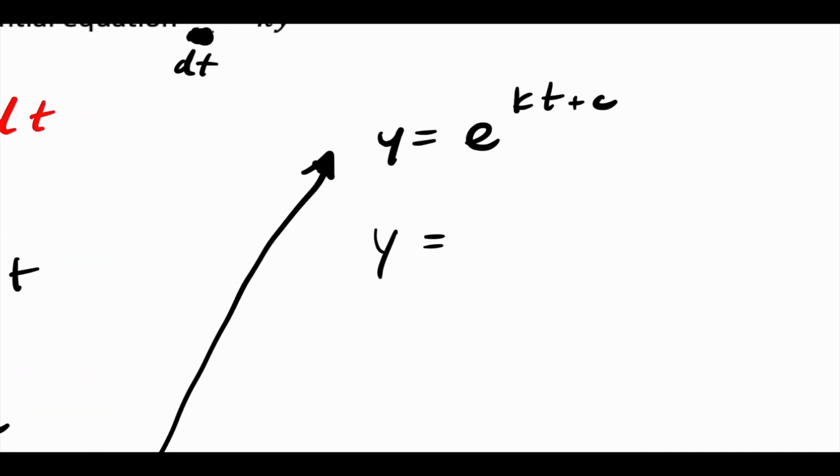If I want to separate these here, this is the variable part. This is the constant. How can I do that? You split it into e to the kt times e to the C. e to the C is a constant, so you can change that to a C and multiply that. Yeah, exactly. So I can do that.